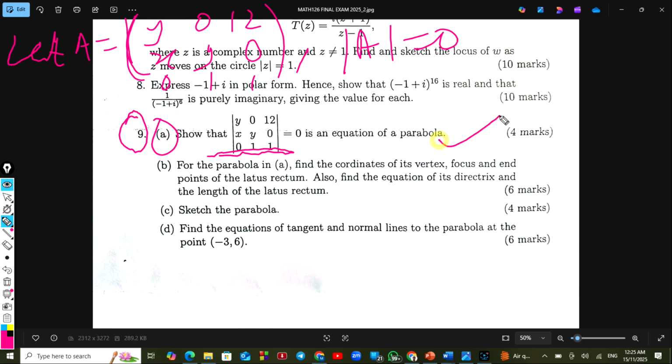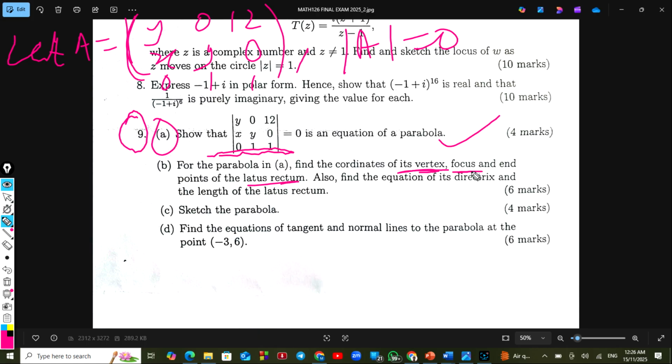For the parabola in A, after dealing with it, we should find the coordinates of its vertex, focus, and endpoints of the latus rectum.